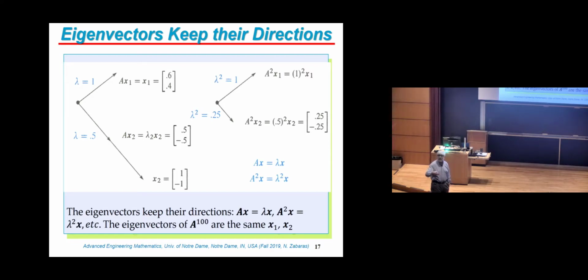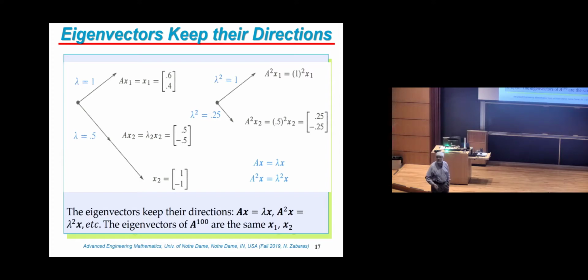Do the operations on the eigenvector one at a time. So A squared is A times A. So A squared x1 will give you what? A operating on Ax1. And Ax1 is what? Because the eigenvalue is 1, it is x1. And what is Ax1?